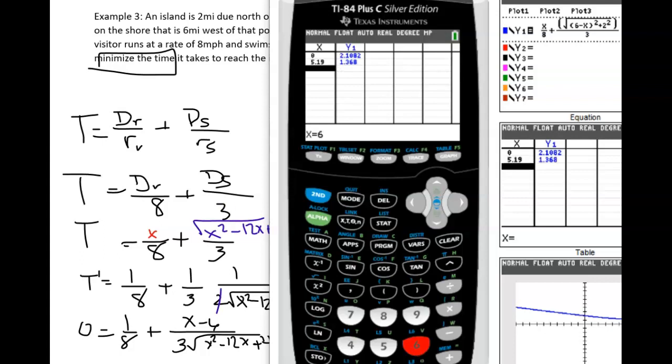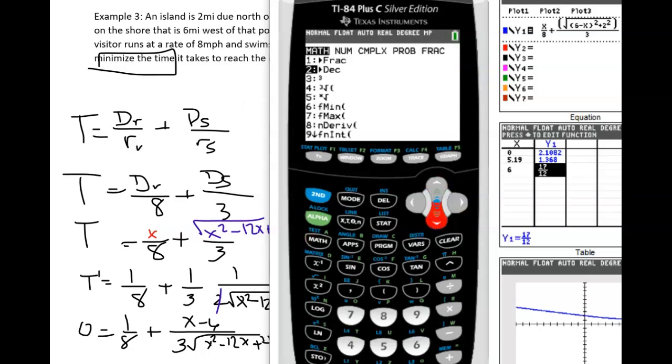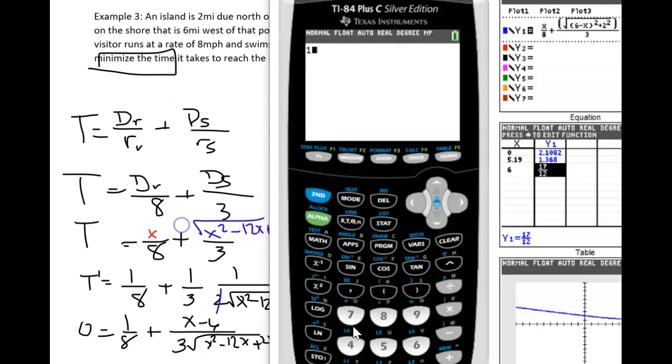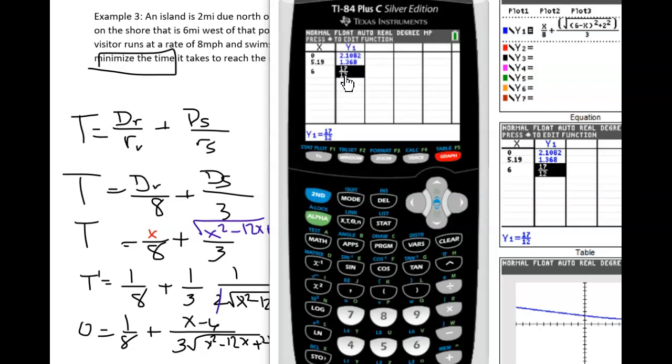And then I can run the entire 6 miles and swim the rest. And I'm going to get, can I decimal that? No, 17 divided by 12. So let's try it. 17 divided by 12. 1.42. So that's a little bit longer.